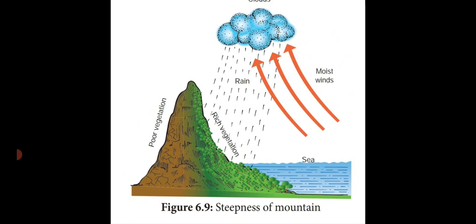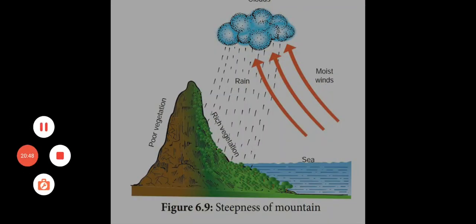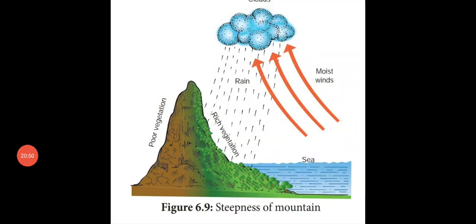So on one side, they are retaining the water below the soil, so they are showing the rich vegetation. On the other side, the water is unable to be retained in the soil, so they are showing the poor vegetation. That is said to be the steepness of mountain.